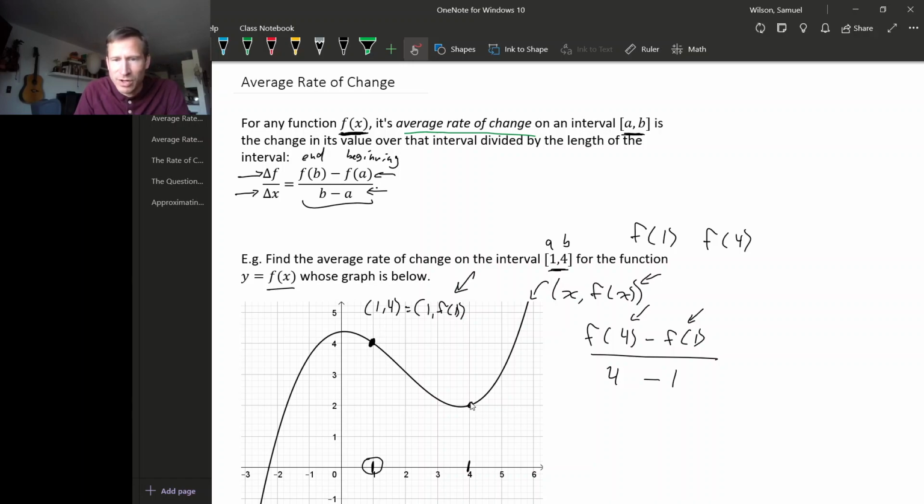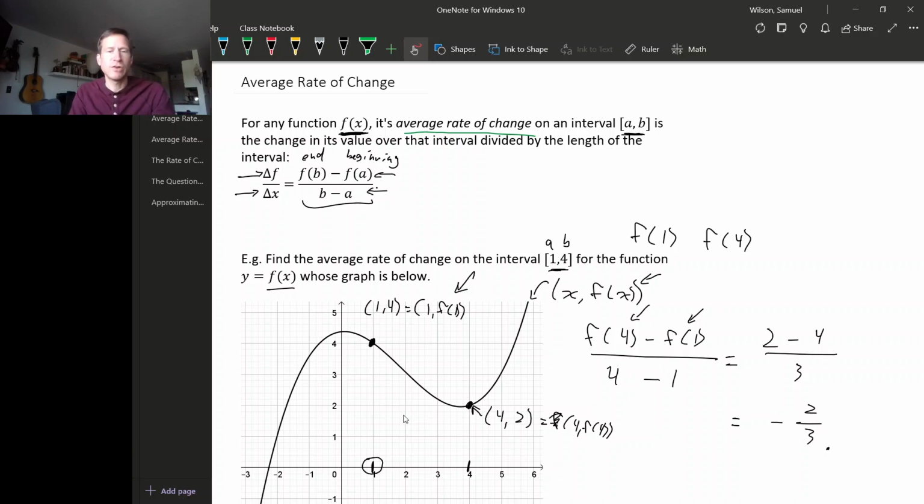And by the same token, over here, this point 4 comma 2 is 4 comma f of 4. So this graph is really telling us what the value of the function is at these two x values. So f of 4 is 2, and f of 1 is 4, over 4 minus 1, that's 3. So this looks like it's minus 2/3.